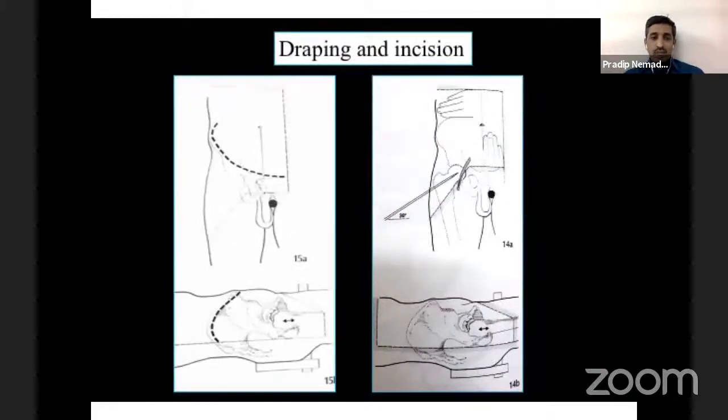So this is the kind of draping that is being done. Generally the draping starts around a hand breadth above the highest point of the iliac crest. From there we go to the umbilicus, then we come down to four fingers medial to the umbilicus, then we come down around 2 finger breadths below the pubic symphysis, and form a triangular area like this. So this is the area that is going to be our exposed area.